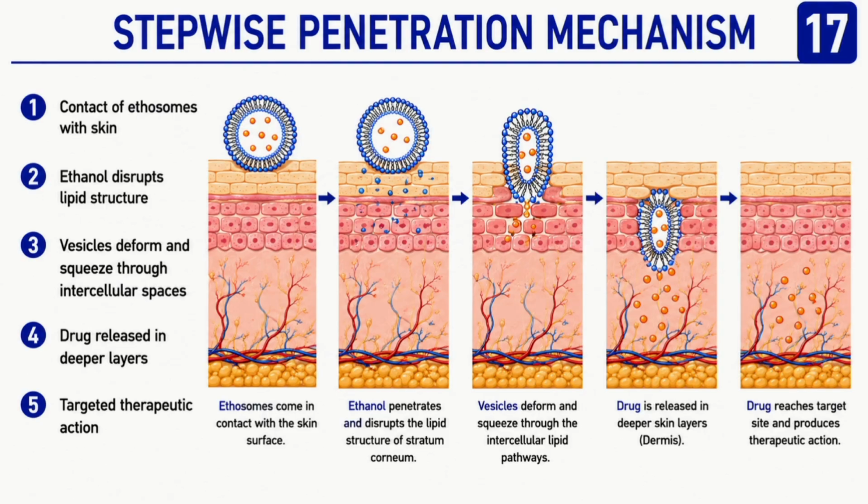So because of their deformation, they can pass through the narrow pathways. So as the vesicles move deeper, the drug is released or deposited within the skin here. Is it clear? So depending on the drug and the formulation, the drug may subsequently enter the dermal circulation and eventually the systemic circulation here. So this explains why ethosomes can provide better transdermal delivery than the conventional liposomal system.